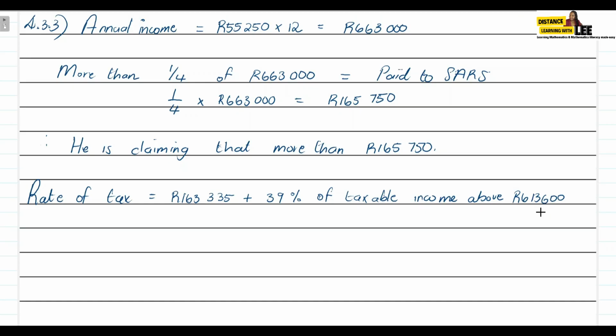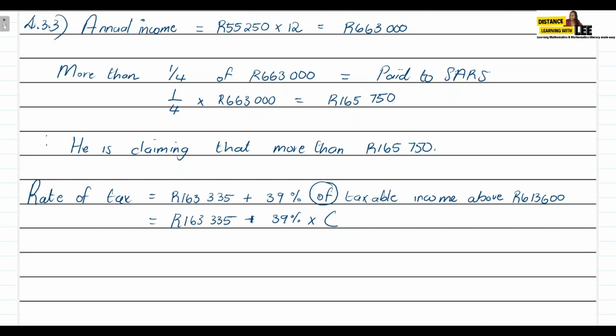To calculate how much tax he'll have to pay, we're going to add 163,335 plus 39% of, and we know that when we see "of", we multiply, the taxable income that is above 613,600.